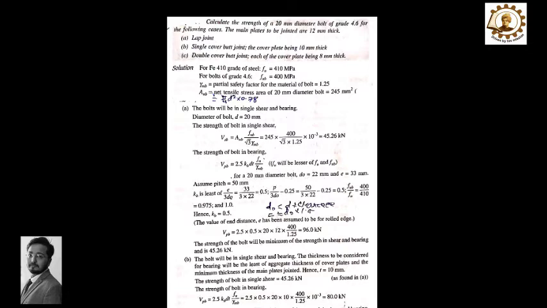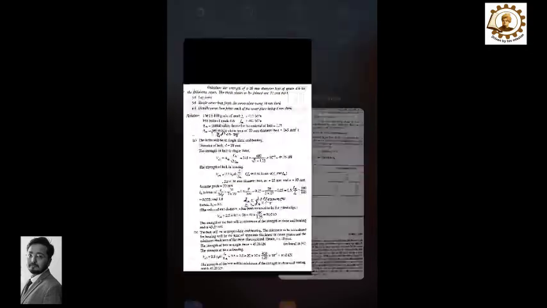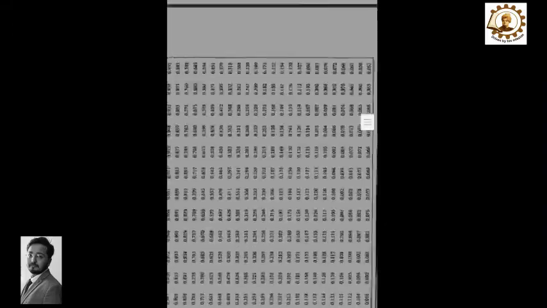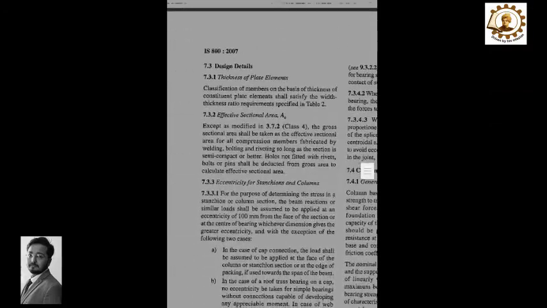So as per code, we know there are four considerations. We have to take the list of these. Let's go to the code for this. We have to go to section 10 of IS 800 2007.